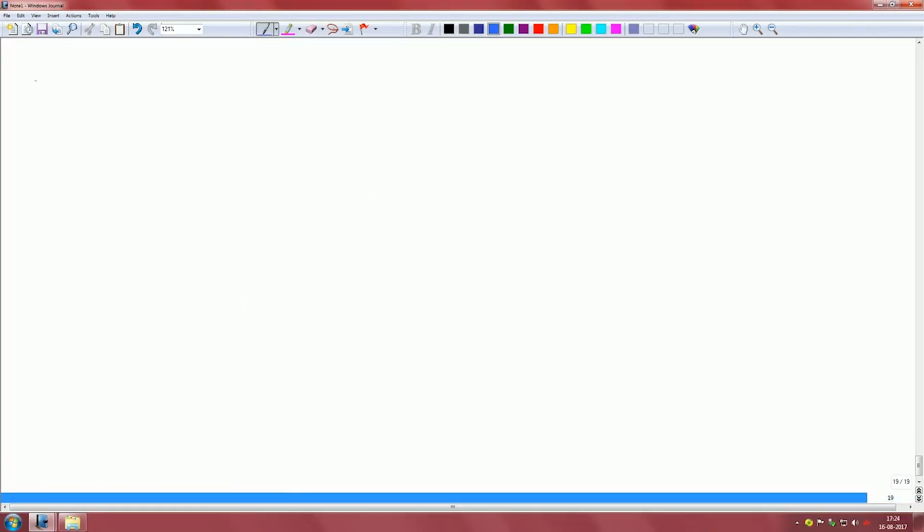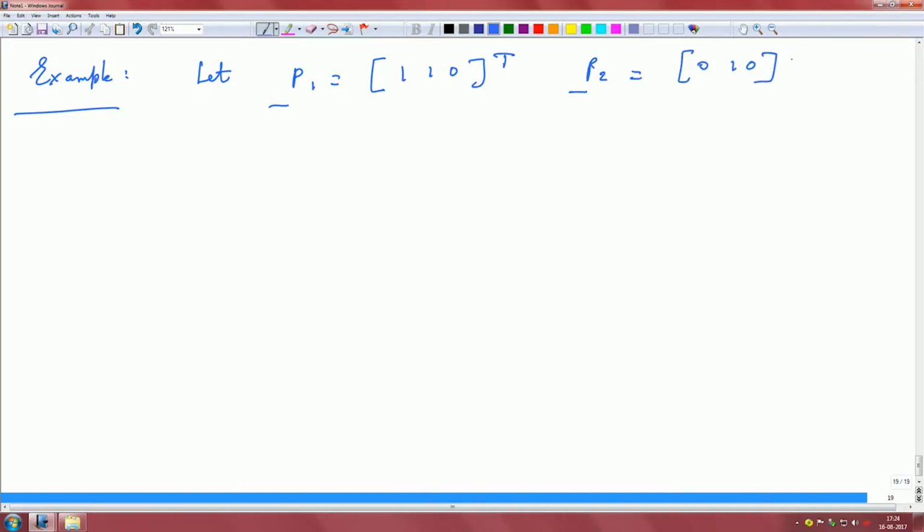But before we get into the definition, let us take an example. Let P1 be this vector 1 1 0 transpose, and P2 is this vector 0 1 0 transpose in R cube.